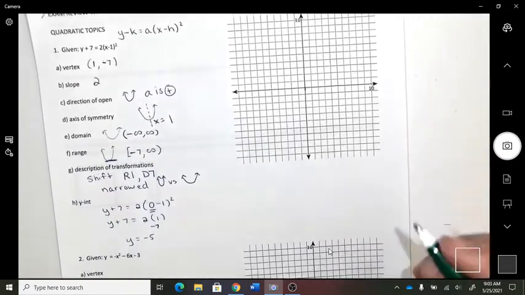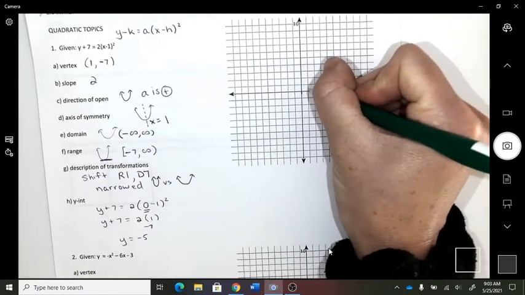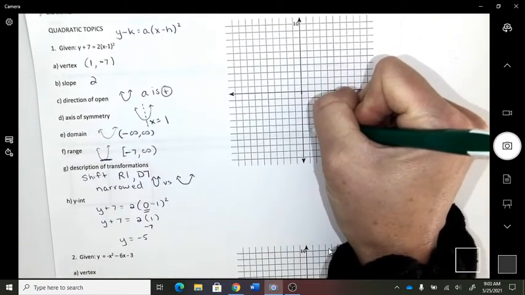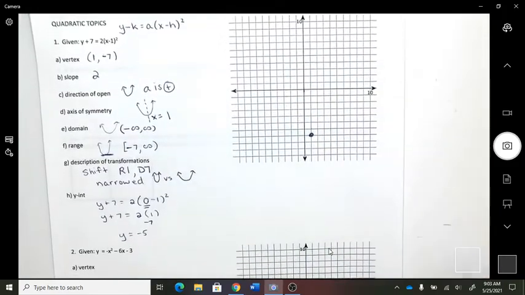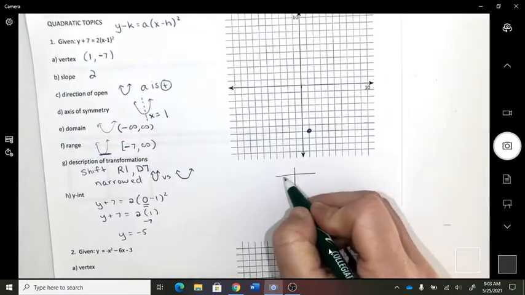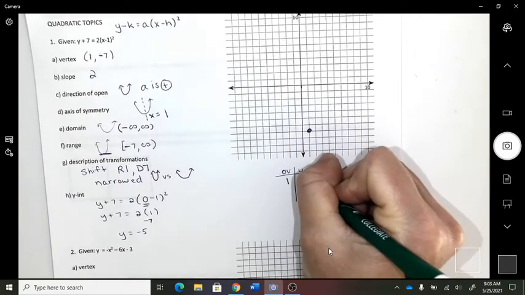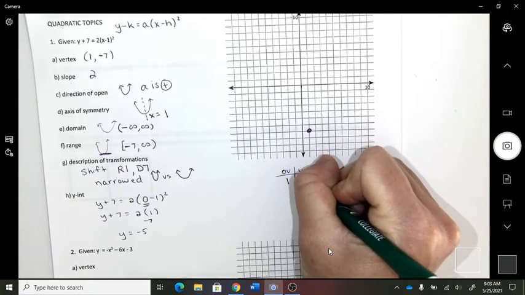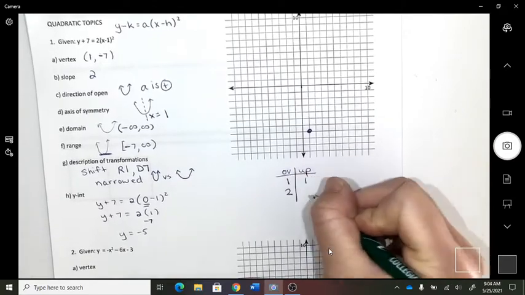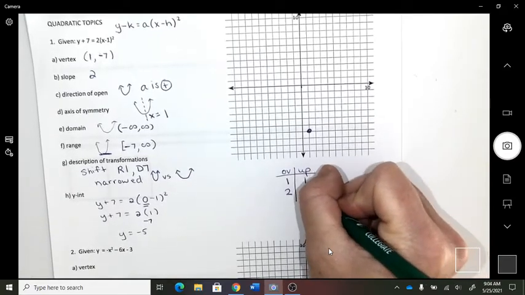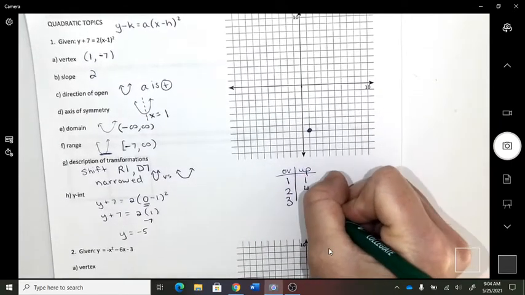Okay, we're going to graph. So we're going to go to 1, negative 7. Now if we go over 1, 1 squared means go up 1. If you go over 2, 2 squared means you're going to go 4 up, 3, 9.